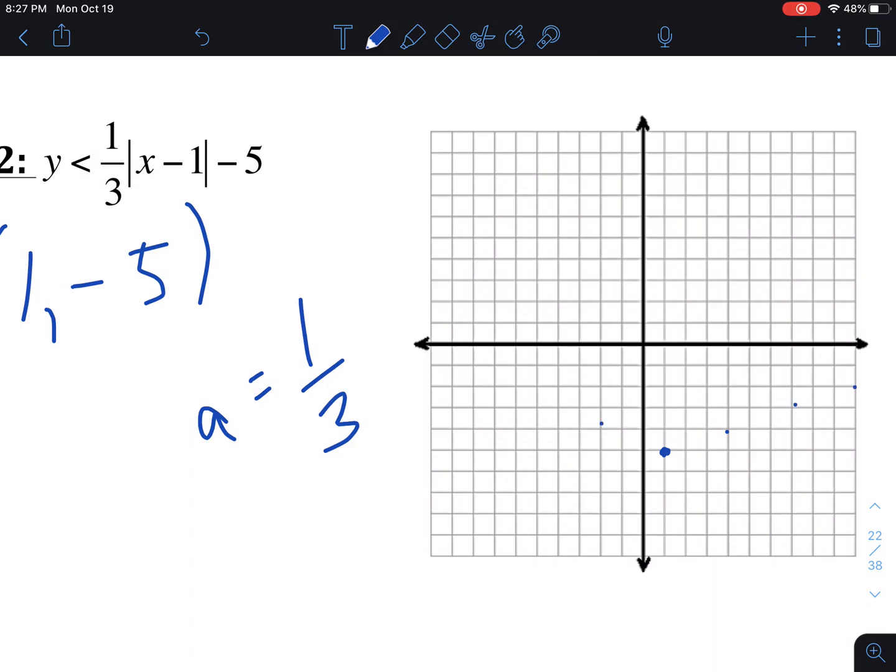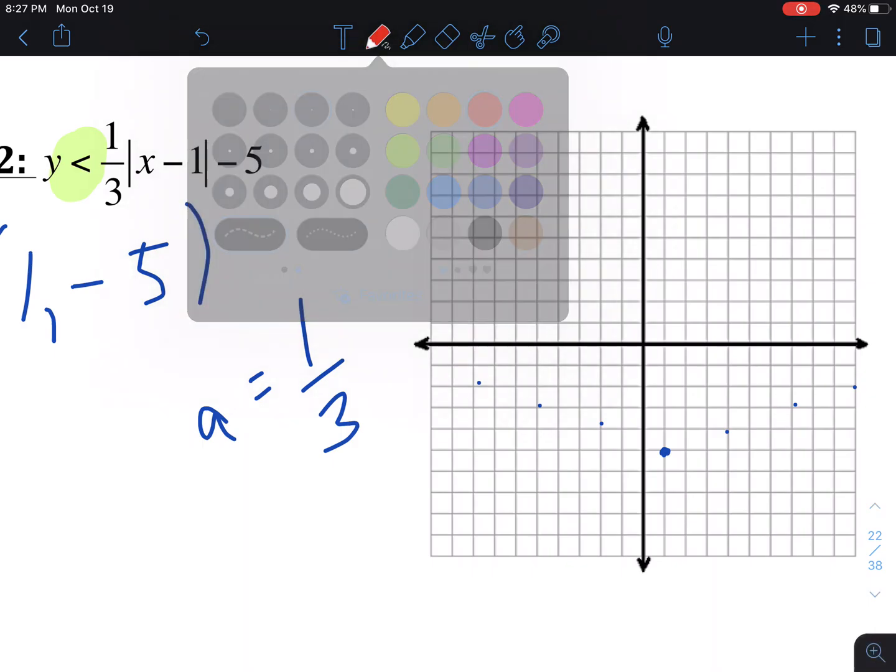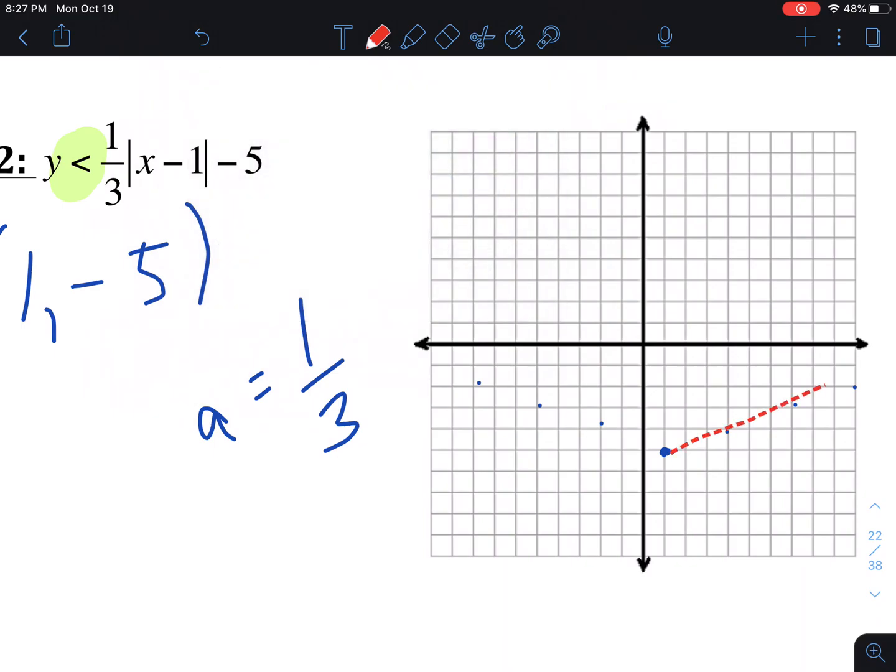Up 1, left 3. Then the sign is less than, so that's going to be a dashed line. That did not come out great, but oh well. And then the shading, again, it's less than, so that's going to be shade below.